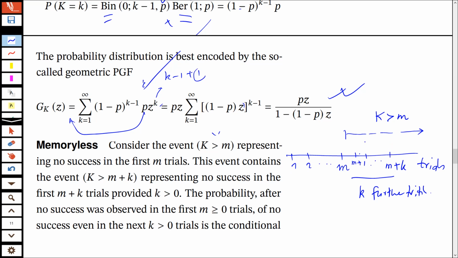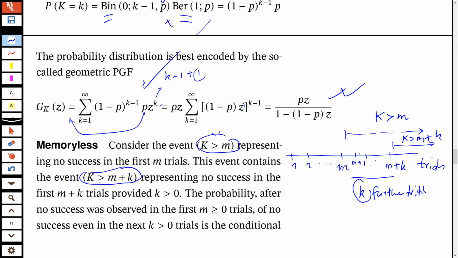So I want to ask for the probability that this first success will still be in the future. It will still not be observed even in the next k trials. So m and m plus k. If I start the counting from here, nothing happened till the mth trial, and now nothing will happen in the next k trials. So k greater than m plus k is this event. I have indicated this event and I have indicated this event.